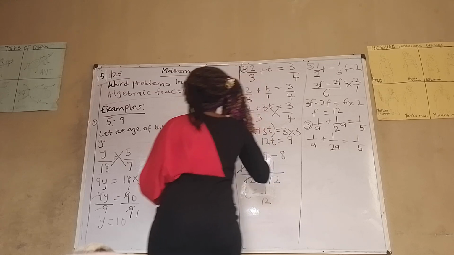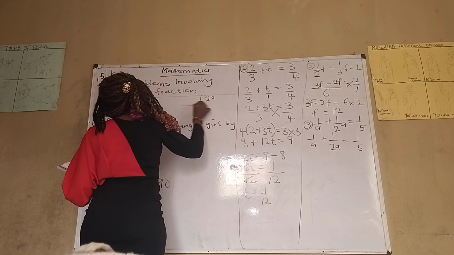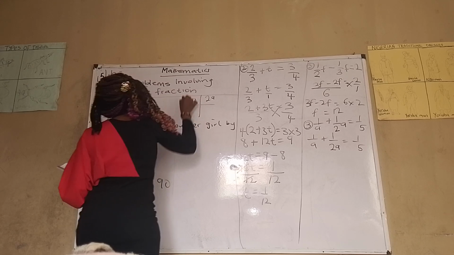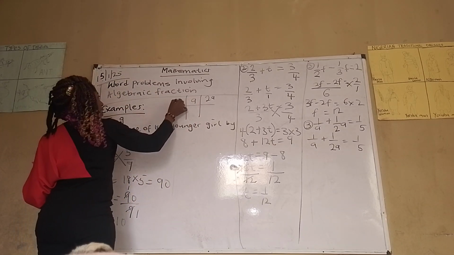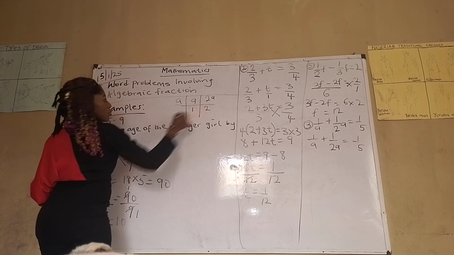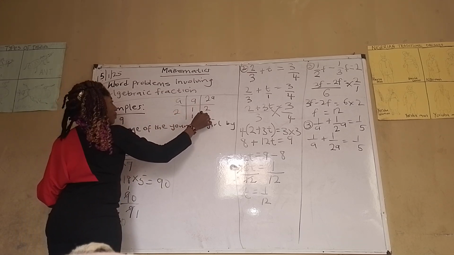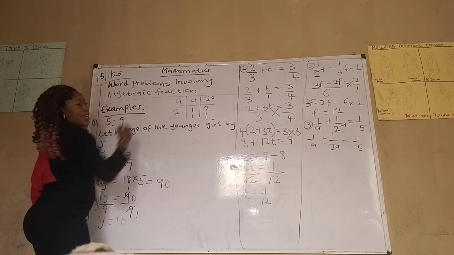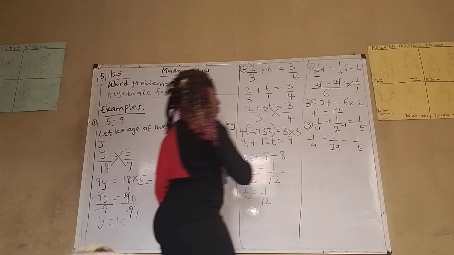If you want to look for the LCM, we did that during factorization. 2A and A, what is common between them? We use A, there will be 1, there will be 2. So 2 times A. So the LCM of this expression is 2A.